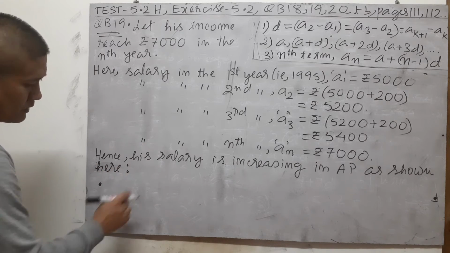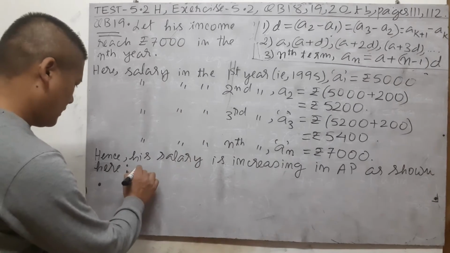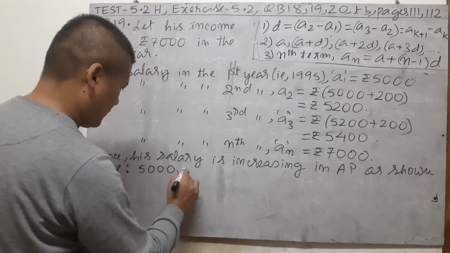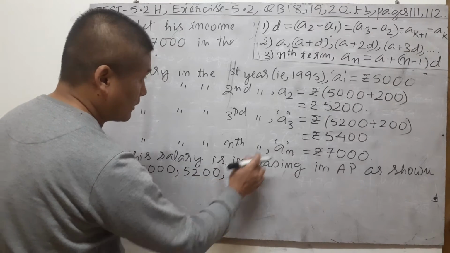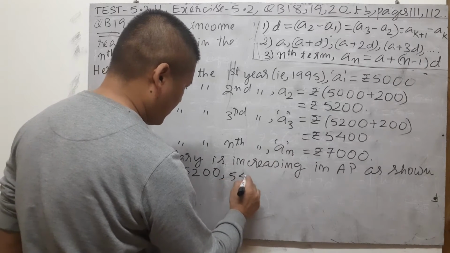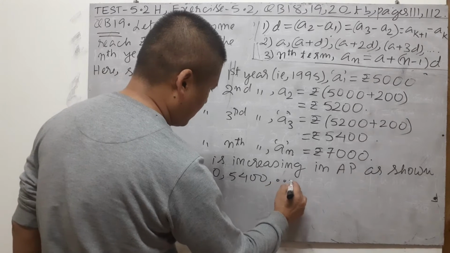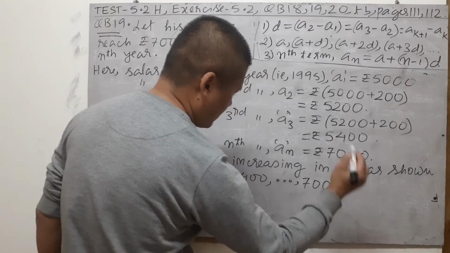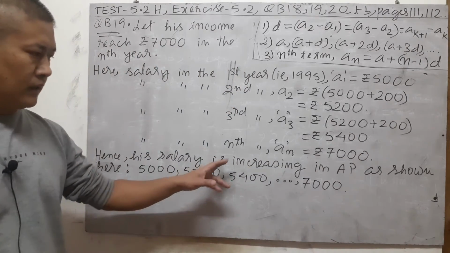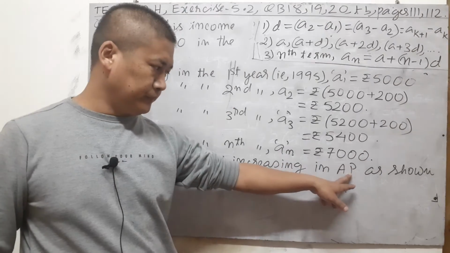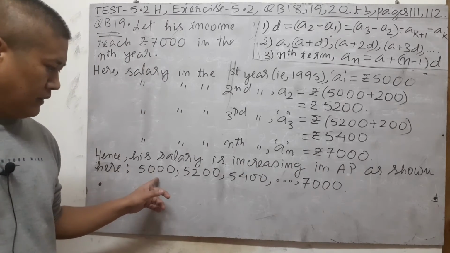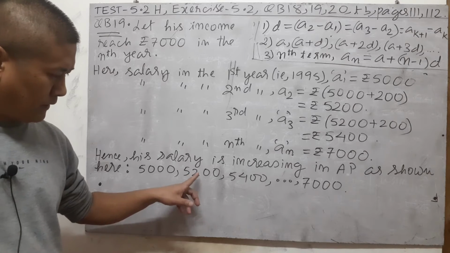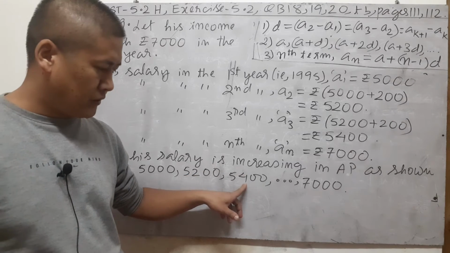Here means A1 5,000, A2 5,200, A3 5,400, comma, dot, we don't know, comma, and the last one in the nth year 7,000. So we are saying it's increasing in arithmetic progression because there is equal increase here, 5,000 and plus 200, 5,200, 5,200 plus 200, 5,400.